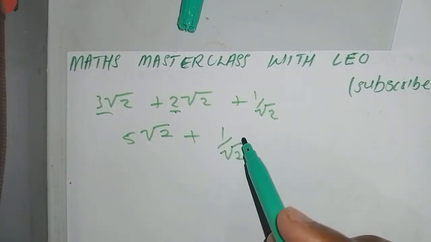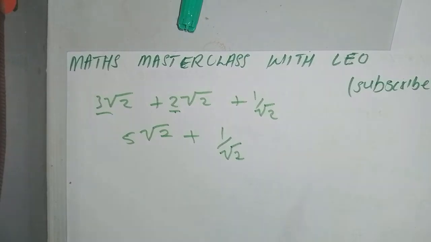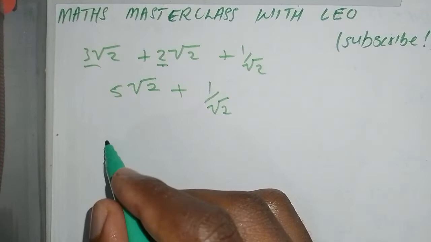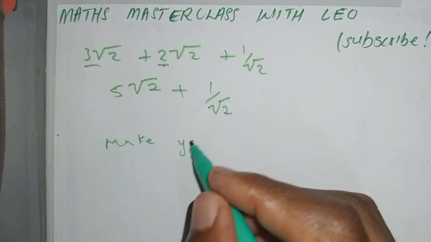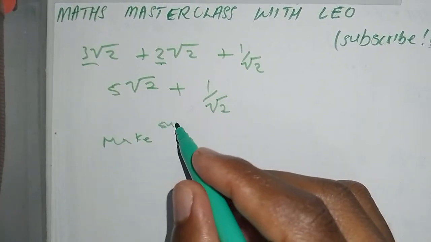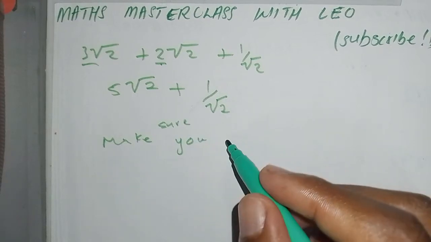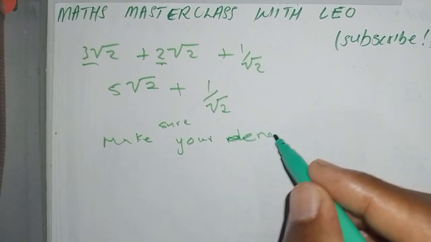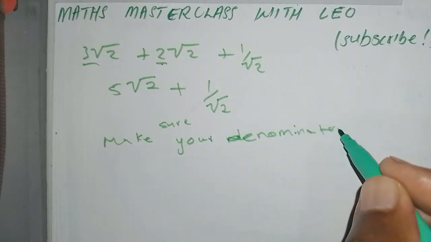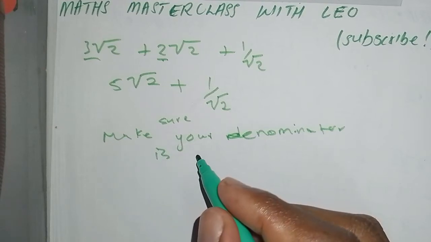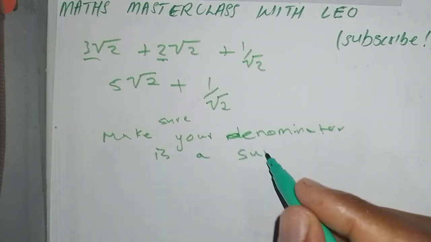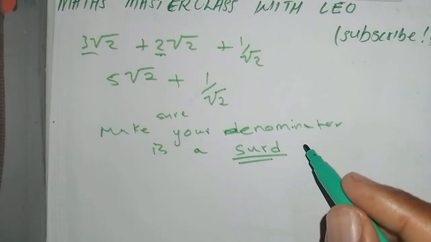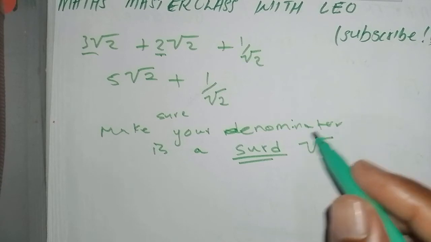But before we continue, let me tell you something about these things. Make sure your denominator is not a surd when dealing with these things. It's not a surd. What do I mean? It doesn't have something like this, for example.